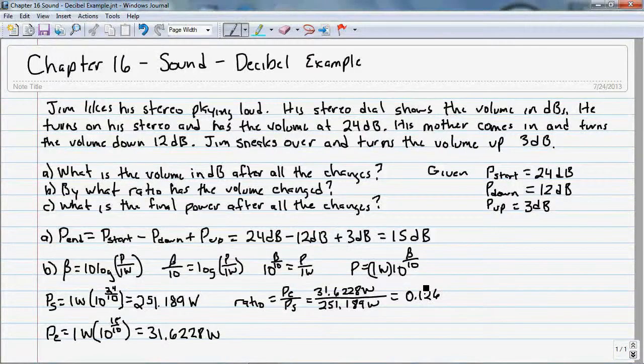There is another way of solving it, and that's by using our half and double formulas.